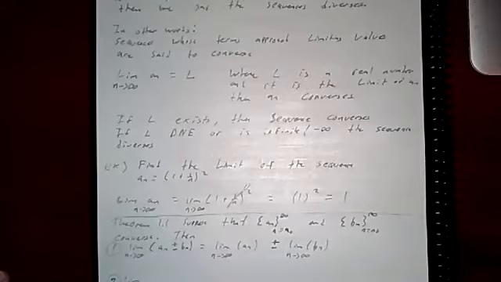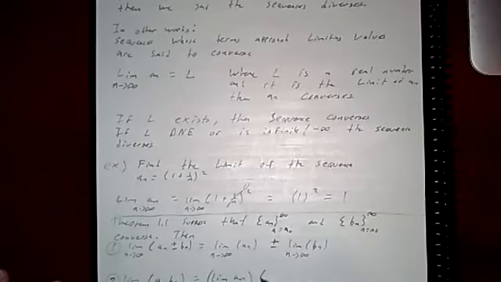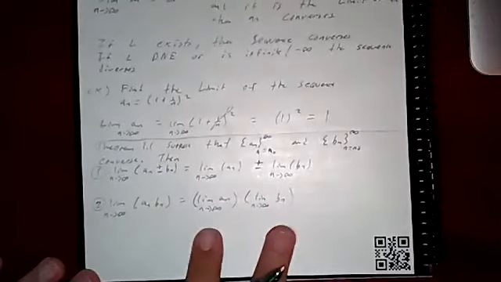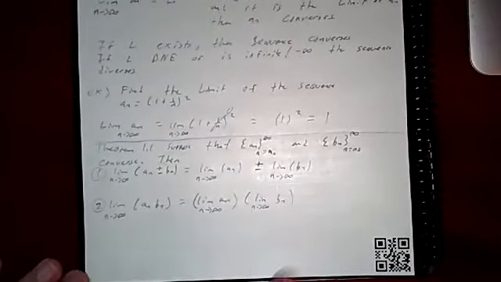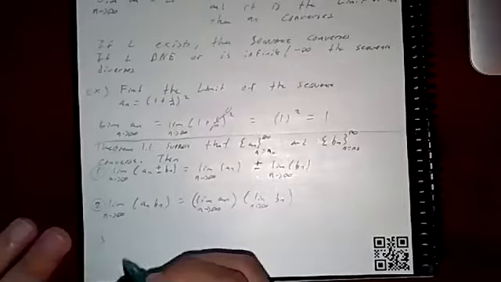Number 2, the limit as n approaches infinity of a sub n times b sub n is equal to the limit as n approaches infinity of a sub n times the limit as n approaches infinity of b sub n. So you can find the limit separately, and then just multiply. And the last one, the quotient.